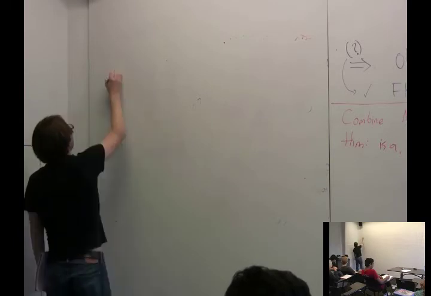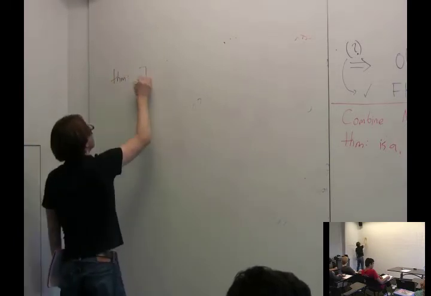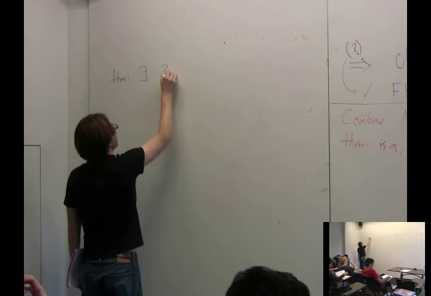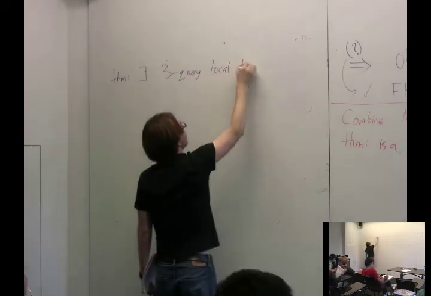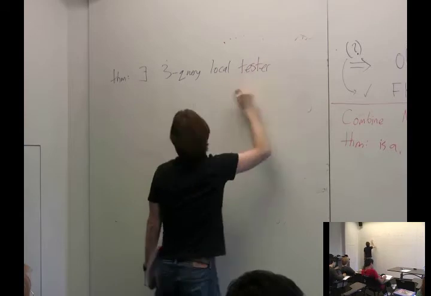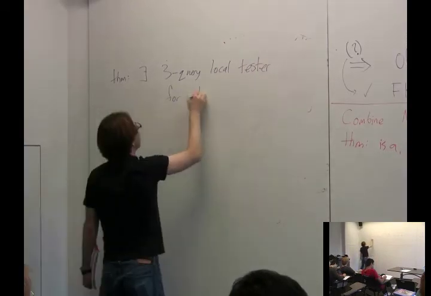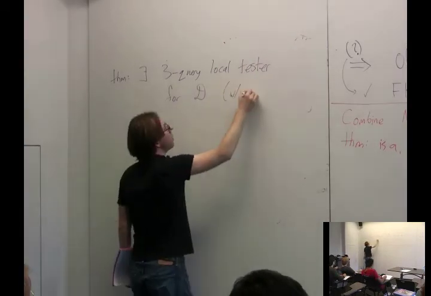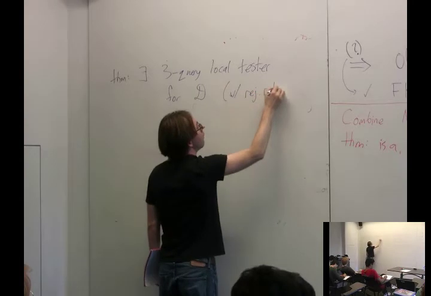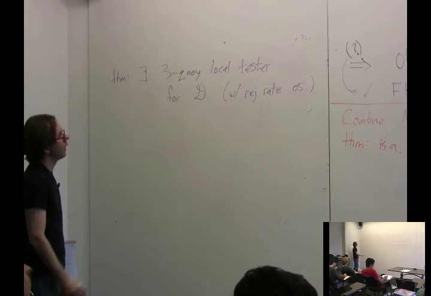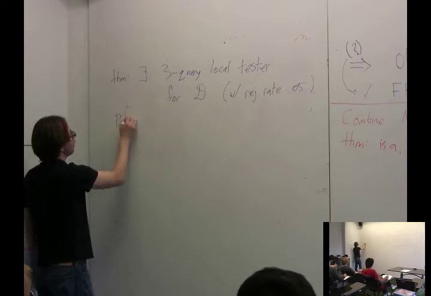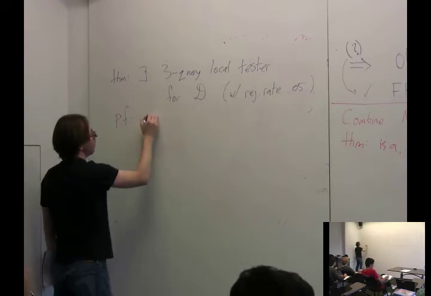So I'll write a theorem like this. There exists a 3-query local tester for dictatorship with rejection rate 0.05. And the proof is just do this test.